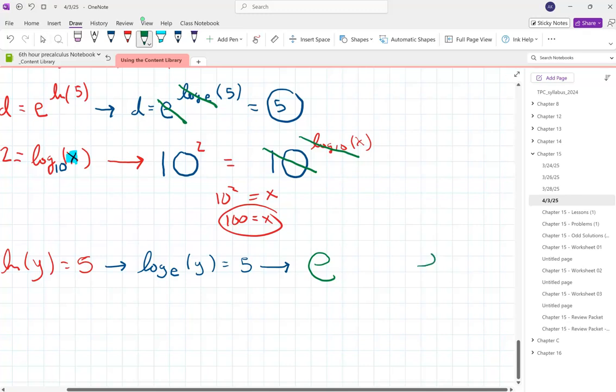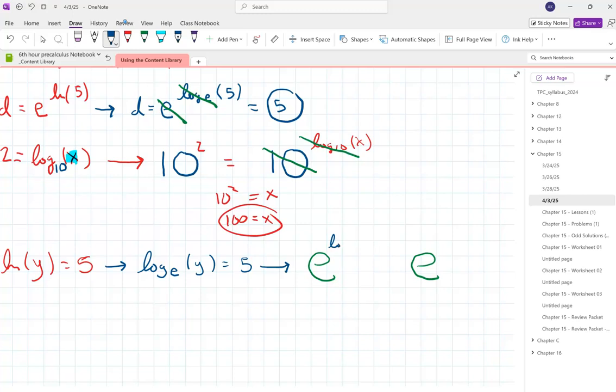Notice that when I'm writing these exponent bases, I'm writing them exaggeratingly big. The reason I'm doing that is that when you go back and look at this again, I don't want you to think that I'm multiplying both sides by e, that it's a different operation.